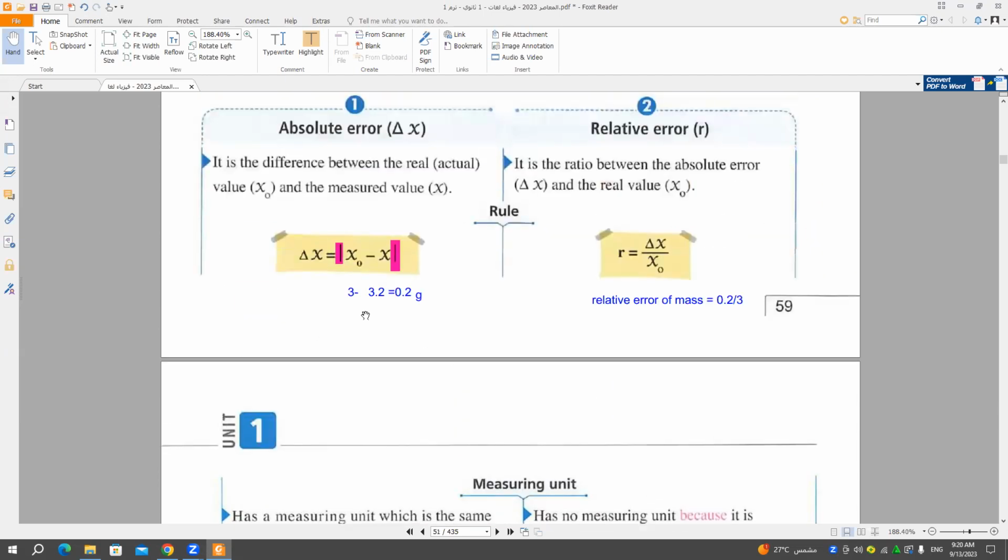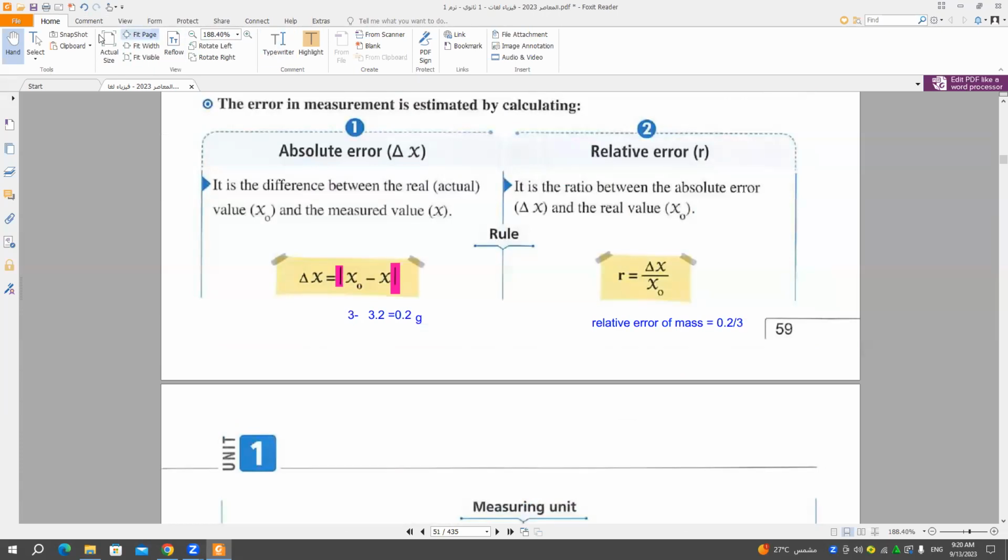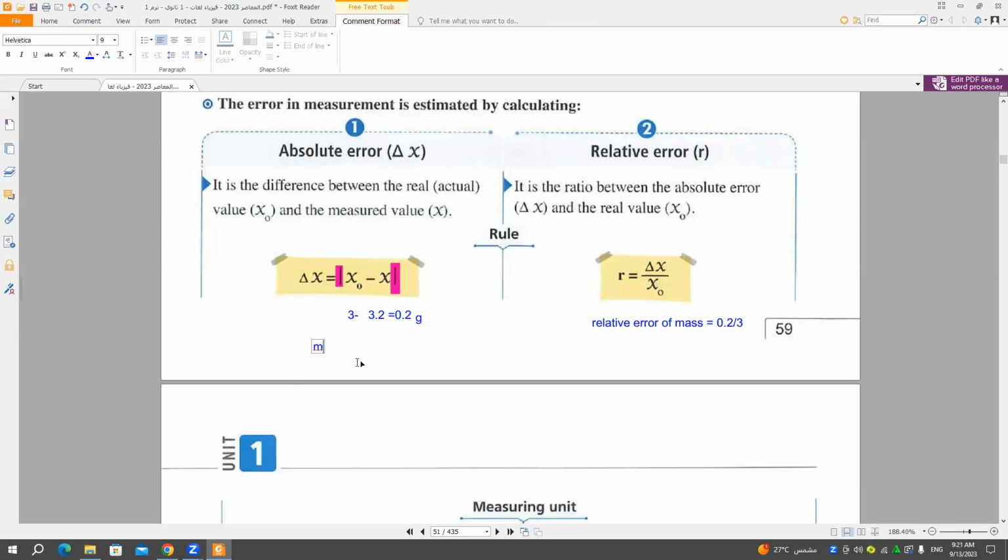For our example, the mass of our ring must be written like this: m equals m naught plus or minus delta m.